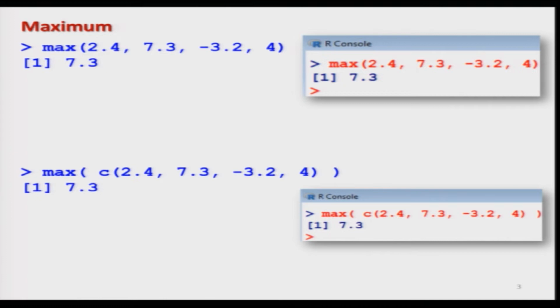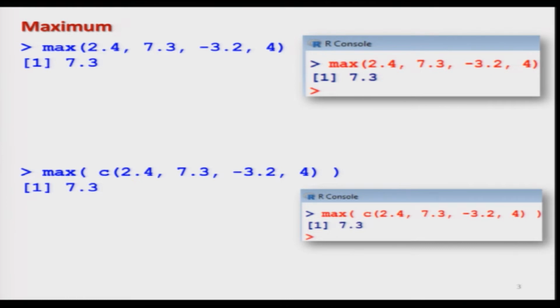But those who are not good in programming, it is preferable that they use the built-in function which can directly compute the maximum value out of a given data set. Similar is the justification for all other commands also.